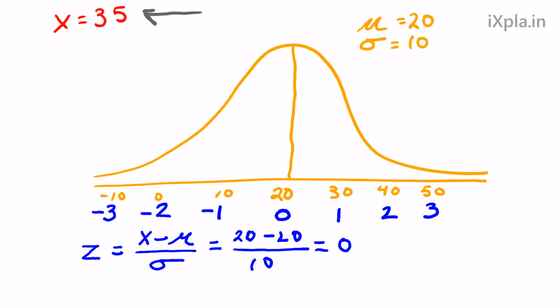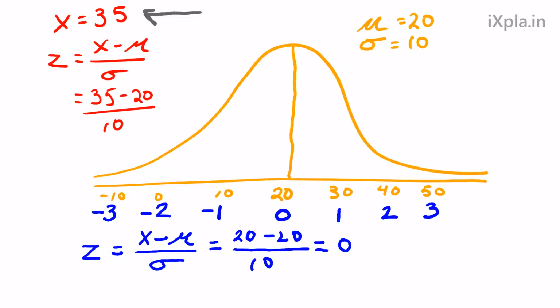Okay, so hopefully you have performed the equation and found the z-score. Here's what I came up with. I always write the formula first, then substitute in the values I need: 35 for x, 20 for the mean, 10 for the standard deviation, and that gives me a z-score of 1.5.